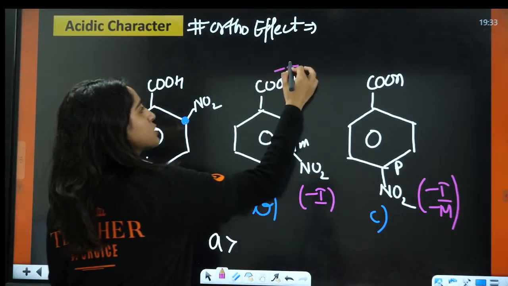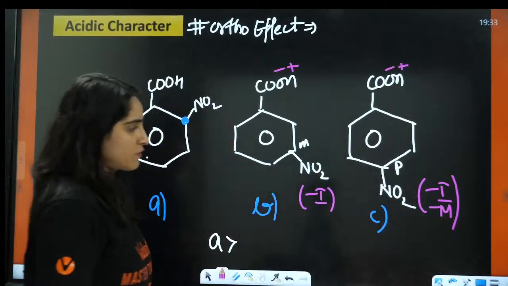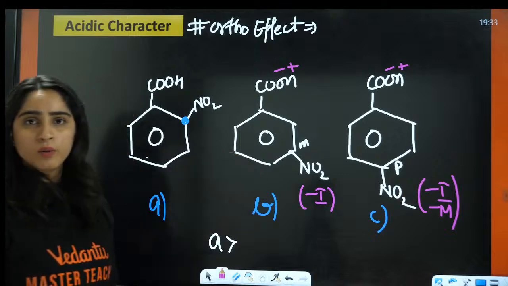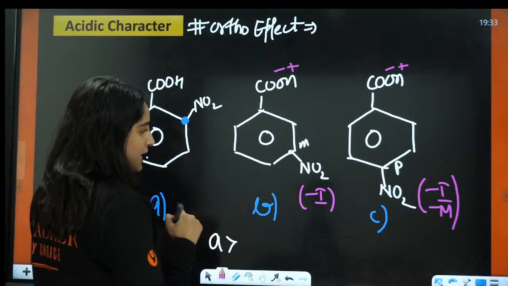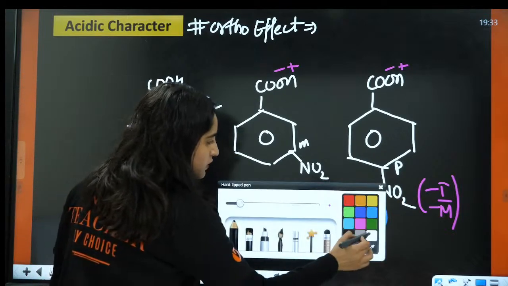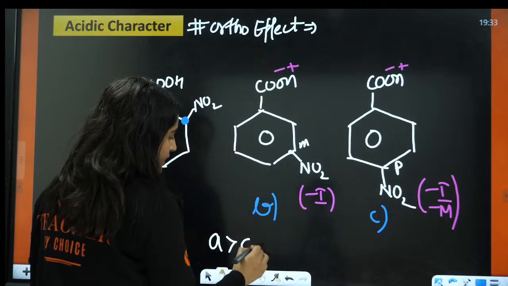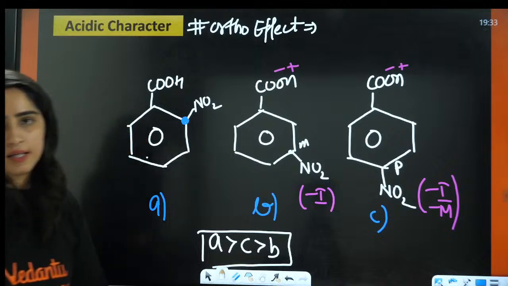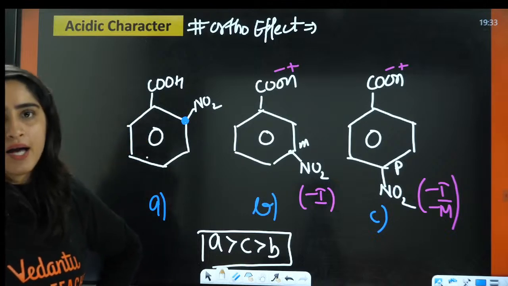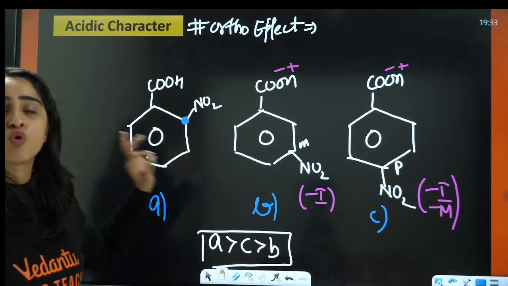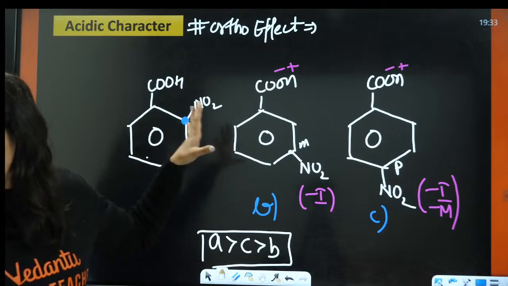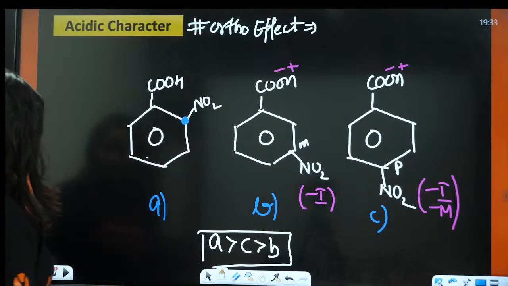Here the electron withdrawing effect is more as compared to B. So the answer will be A, then C, and then B is the least stable among these. Understood, everyone? Only if you have benzoic acid is this effect applied.